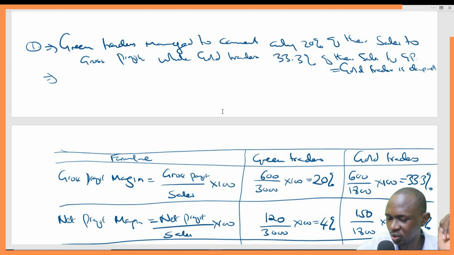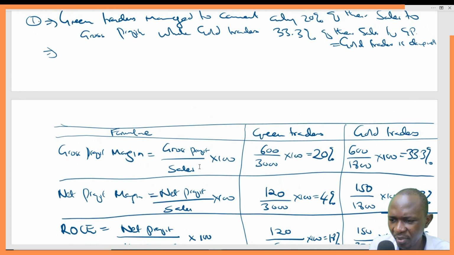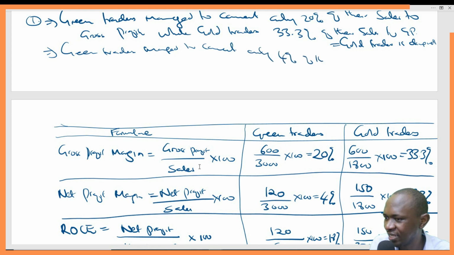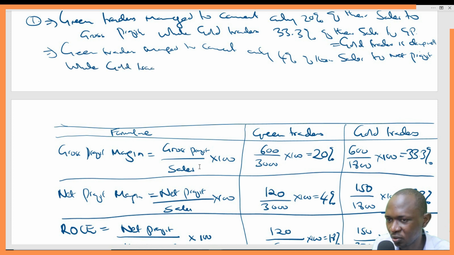Since the question is on profitability, we'll also explain the second part. Green traders managed to convert only 4% of their total sales to net profit, while the gold traders were able to convert 8.3% of their sales to net profit.